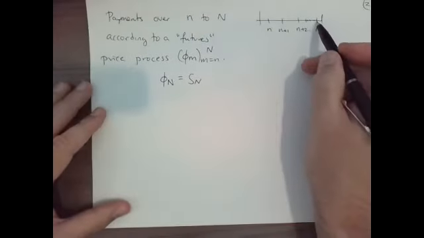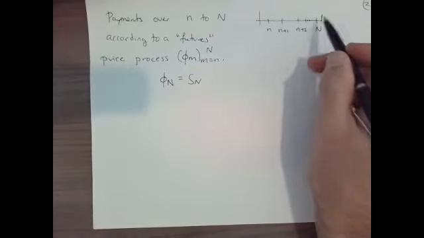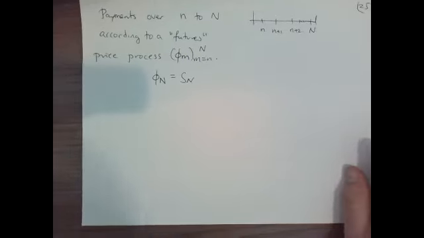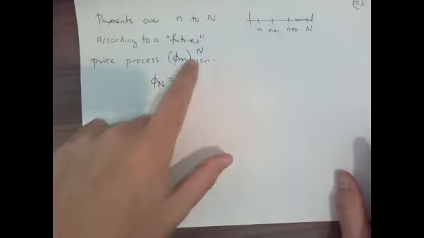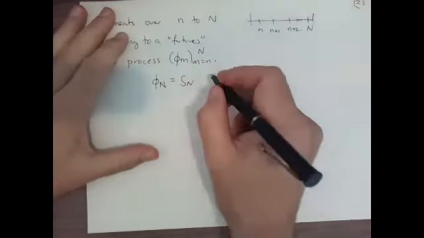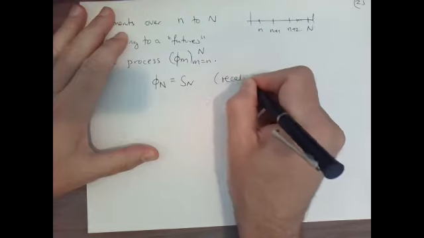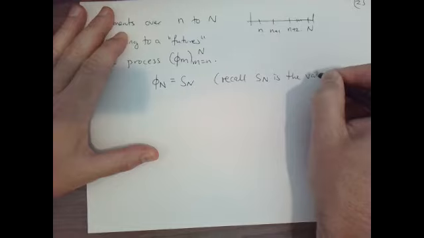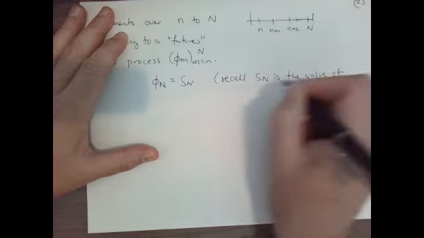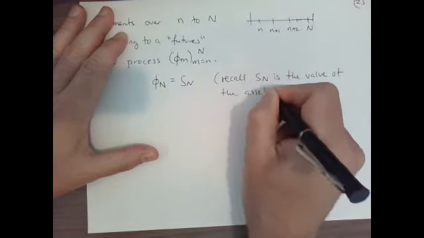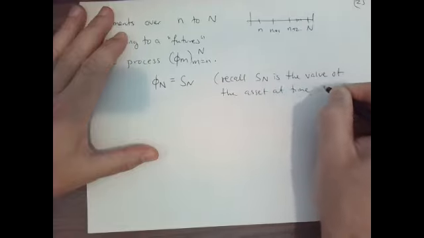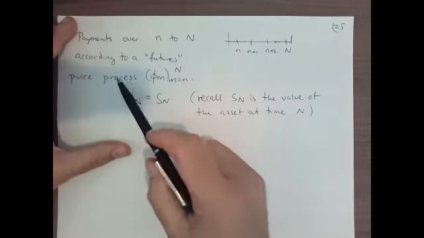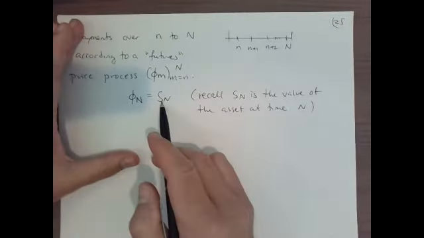Right. So in the last period, when you're out here, you're just going to have the underlying. So at the end, it's just going to end up being the underlying, right? We call that Sn is the value of the asset at time n. Now see out here at the end, this futures price process is pinned down to be that.